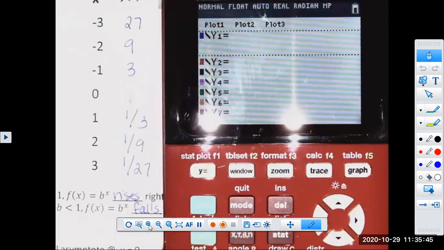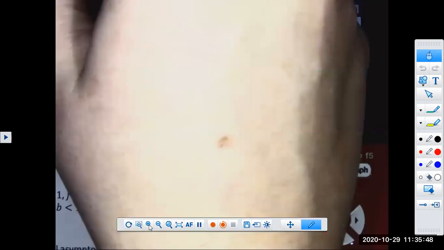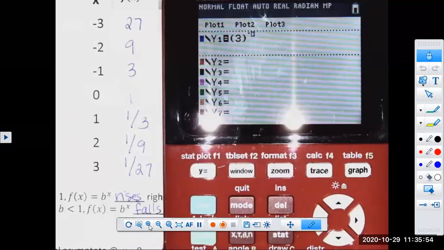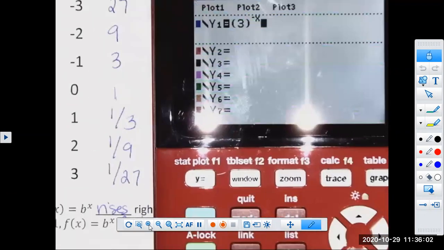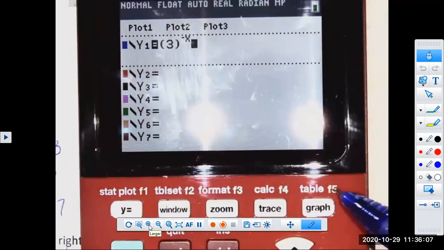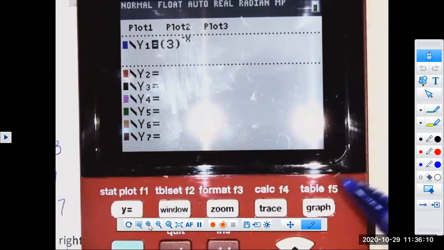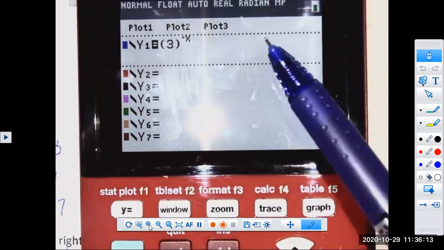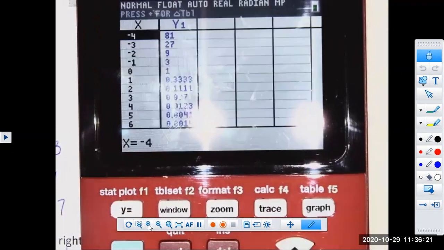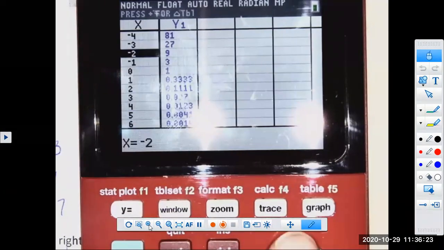Okay, for this next one, example 4, type that in: 3 to the negative x. And then notice above graph at the top right, well, I have a TI-84, but you should see table, up top somewhere. Access that, and this will give you all of your ordered pairs.